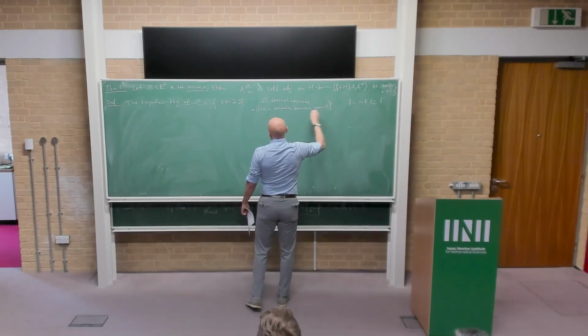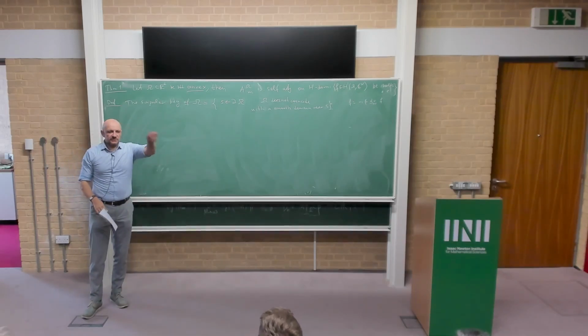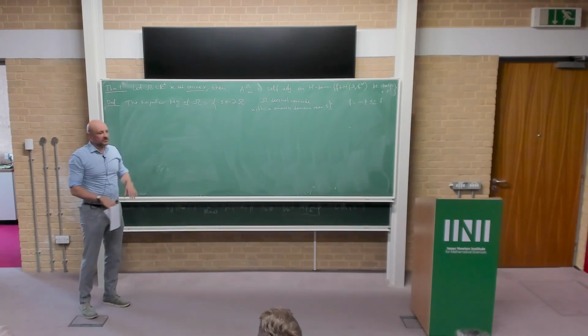I think this is actually a rather obvious definition. If you are a polygon, these are the vertices, and in 3 dimensions it's a bit more involved.